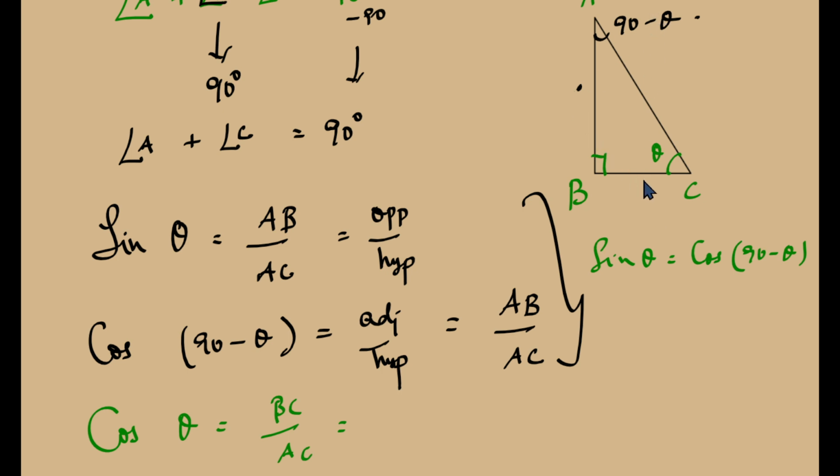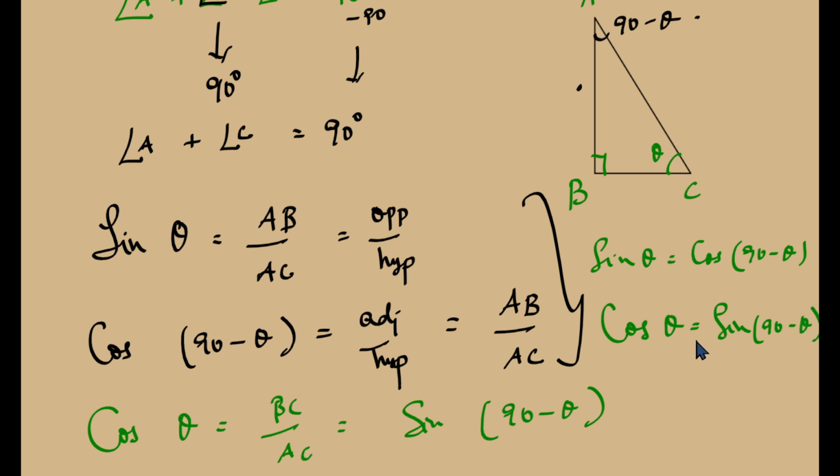And what defines opposite by hypotenuse? It would be sine of 90 minus theta, right? So BC is the opposite of 90 minus theta. So cos theta would be sine of 90 minus theta. So this is our second relationship: cos theta is sine of 90 minus theta.